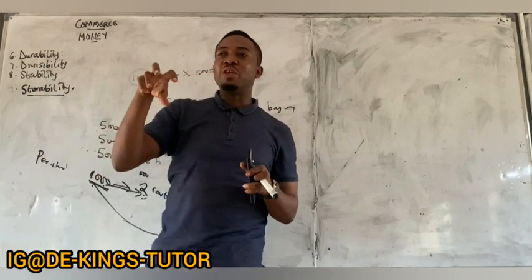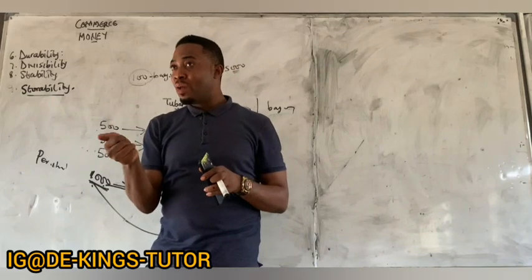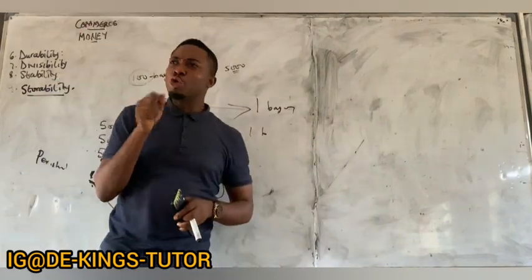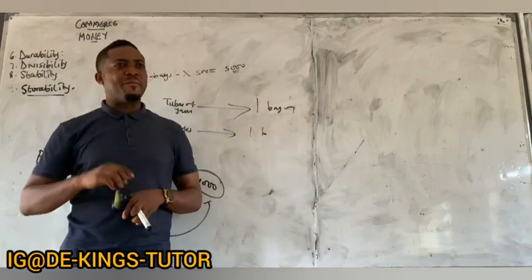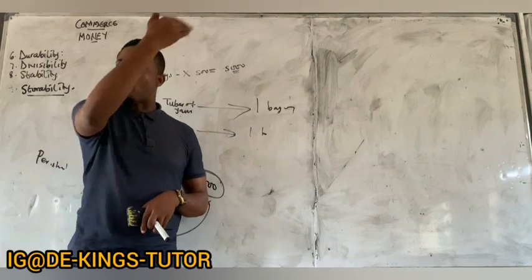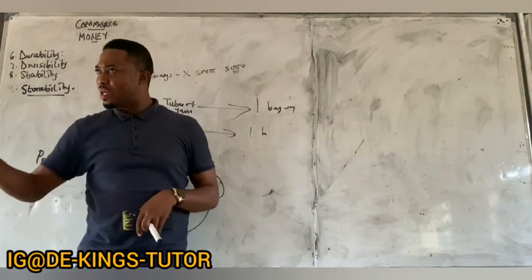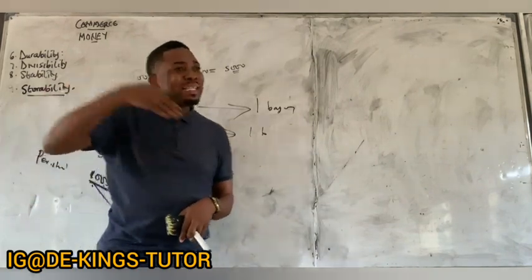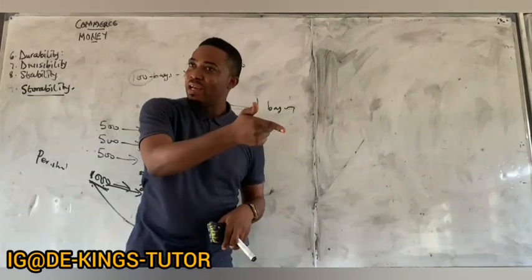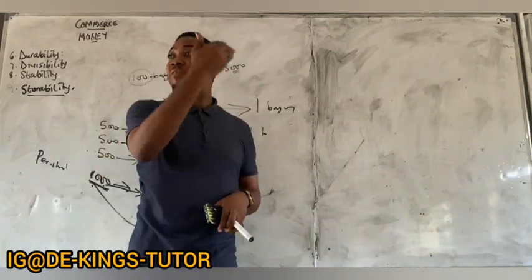In terms of its value, it is the purchasing power. How do you know that 1,000 naira is bigger than 500? It is because 1,000 naira can purchase more quantity of items than 500. So you relate it with what it can buy. That is when you know it has high value.